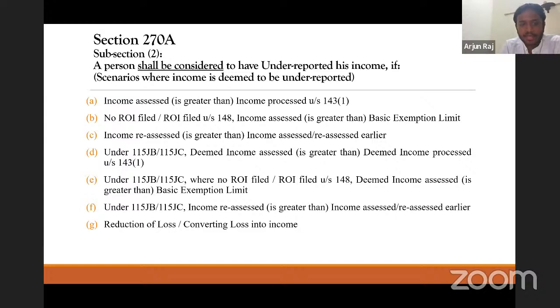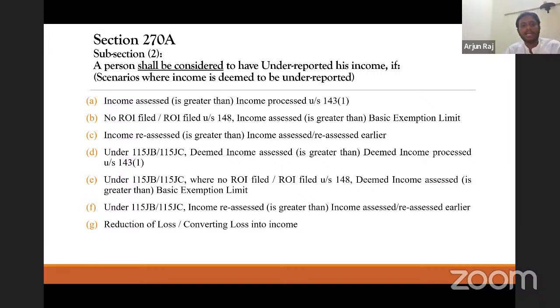Basically, there are 7 clauses mentioned here, where in most of the clauses, the way it operates is, in the event of any variation, the assessed income being a higher amount than what was returned or processed under section 143(1), then automatically there is an underreporting of income. I'll just take you through the different clauses.